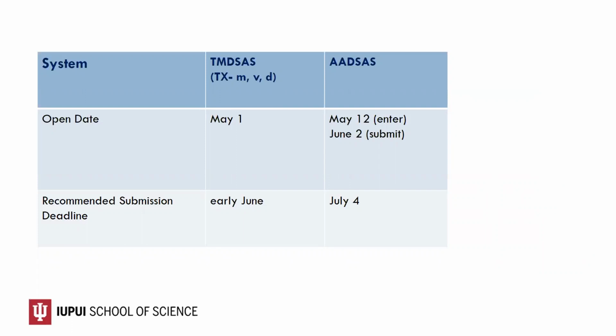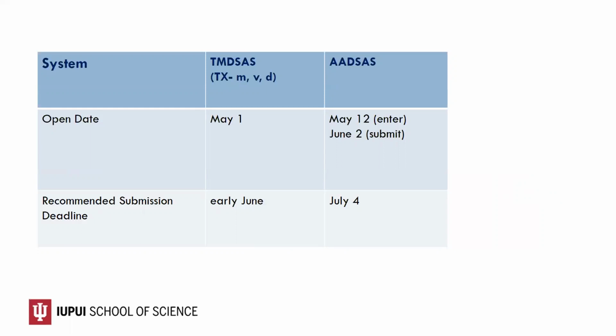That application system opens on May 1st and is a flat fee regardless of how many schools you choose to apply to. We recommend that students apply extremely early in the TMD-SAS cycle, as the majority of students who are accepted to Texas public schools are residents of the state of Texas.